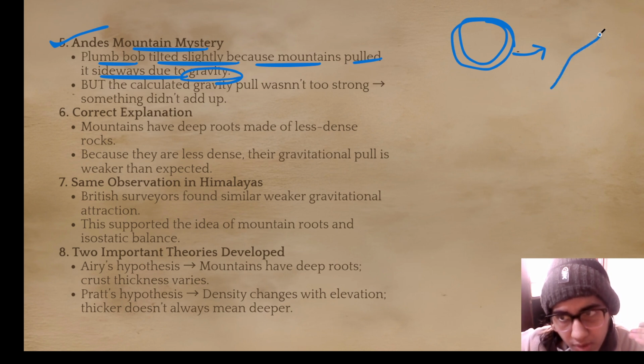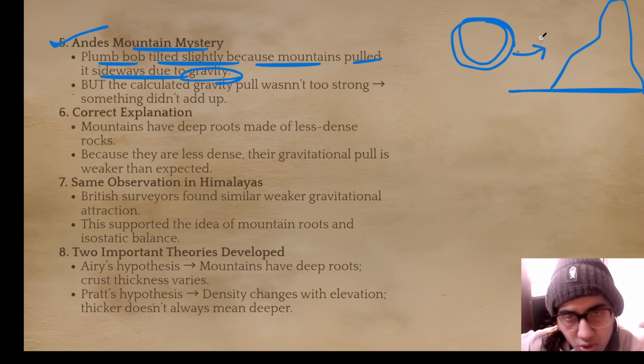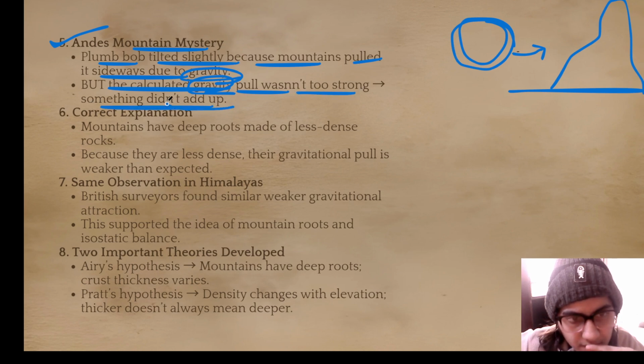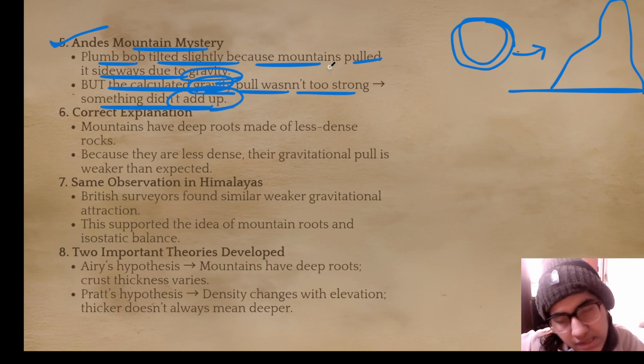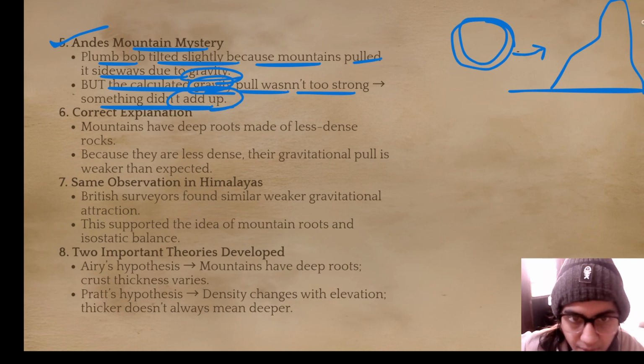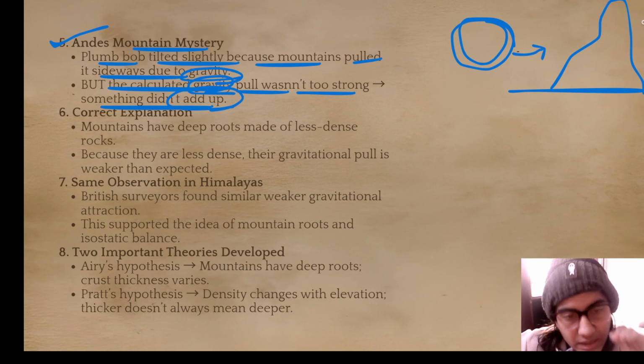Because the mountains pulled it a little bit sideways due to gravity, but the calculated gravity pull wasn't too strong, something didn't add up. They saw that the gravity is not as much as they expected, because mountains are very big, so why is this gravity too little?